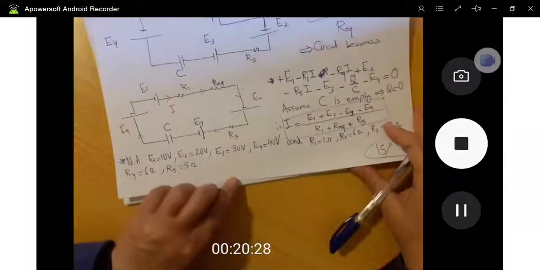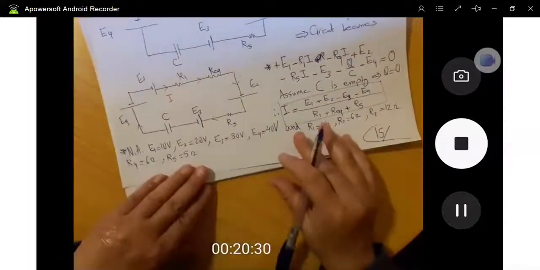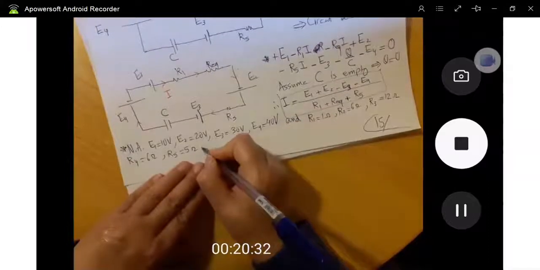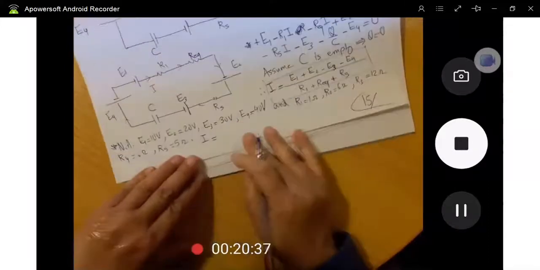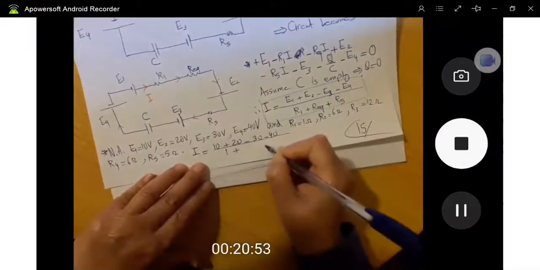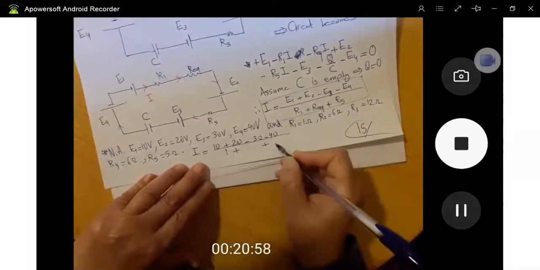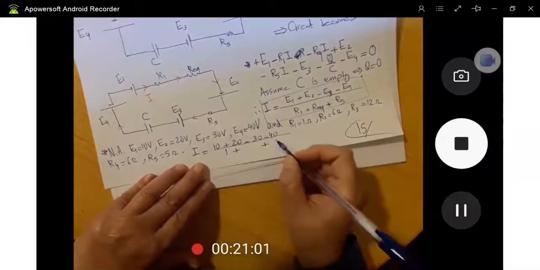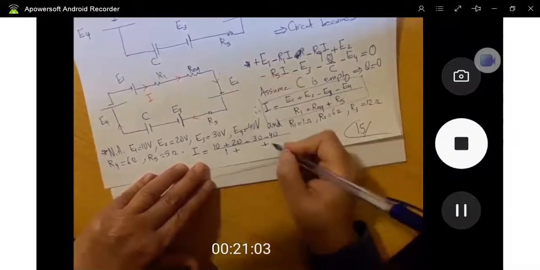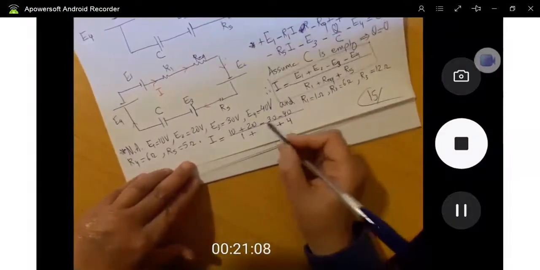I have I equals E1, which is 10, plus 20, minus 30, minus 40, over R1, which is 1 ohm, plus R equivalent, plus finally R5, which is 4 ohms. Now I need to find this R equivalent.